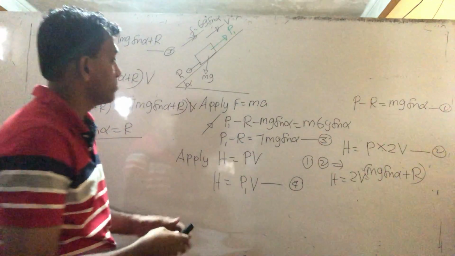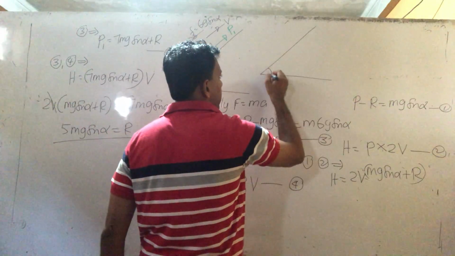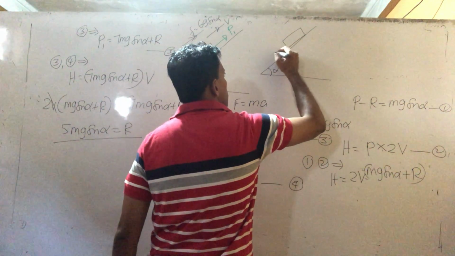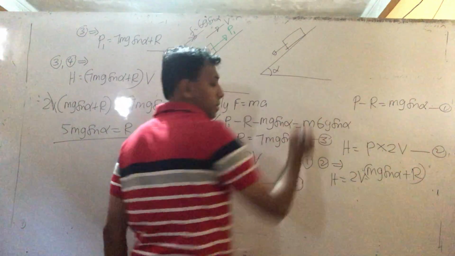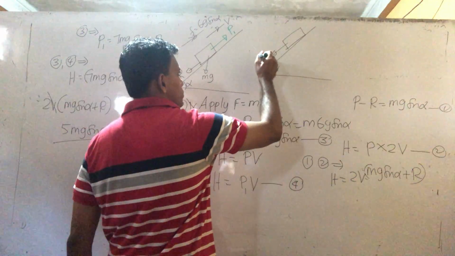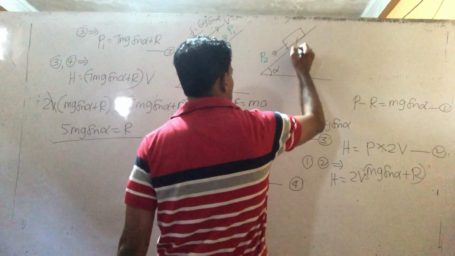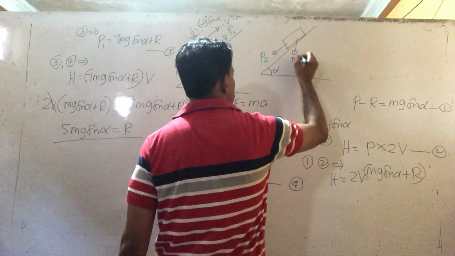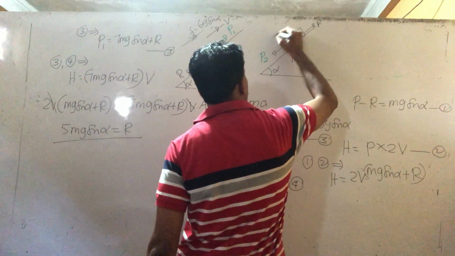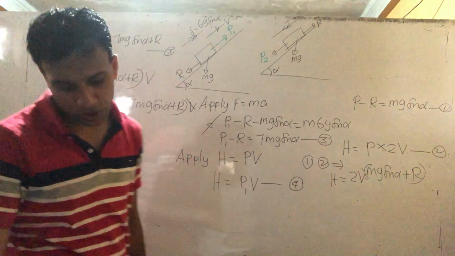Third diagram, same inclined plane, it's moving downwards. In this case I show P2, the tractive force is P2, but the forces are mg, R, and the maximum velocity, right?